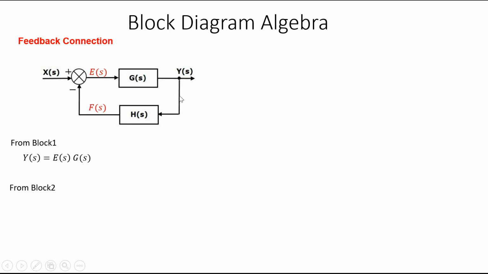Similarly for block 2, input is y of s and output is f of s. So f of s is y of s into h of s. From the sum block we can write e of s is equal to x of s, it is plus, and f of s is minus, so x of s minus f of s. Signals are summed or subtracted using a summing point.